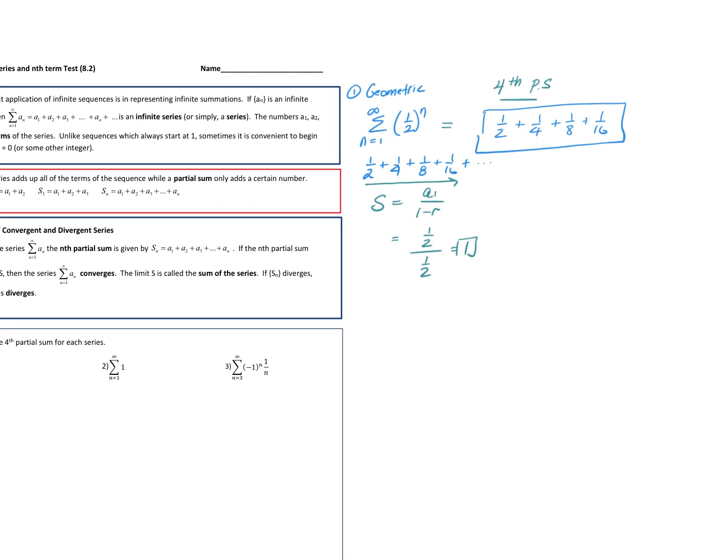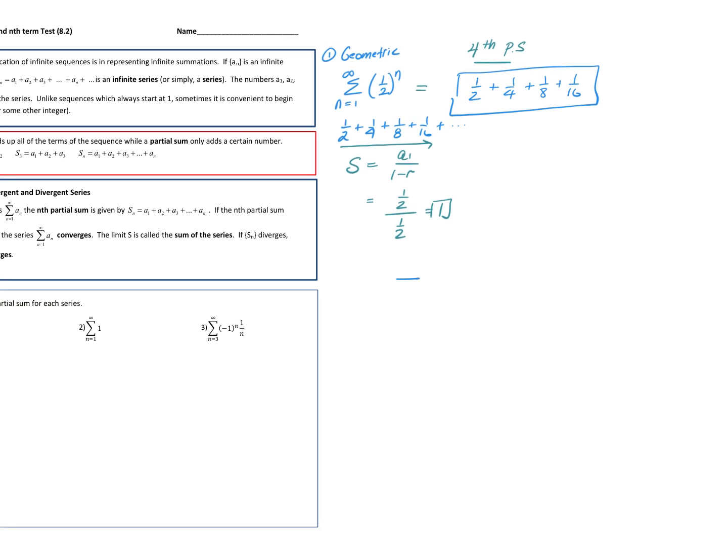So a partial sum is adding up part of the series. So what I'm going to do is create a sequence of partial sums. So just a list of terms, but I want it to be a sequence of the sum of the first term, the sum of the first 2 terms, the sum of the first 3 terms, then the sum of the first 4 terms.